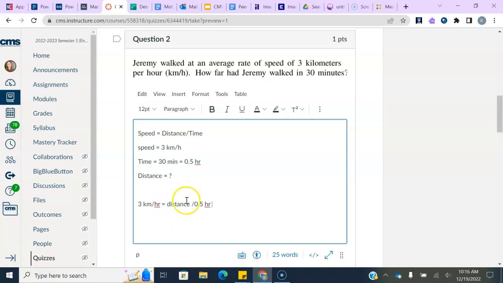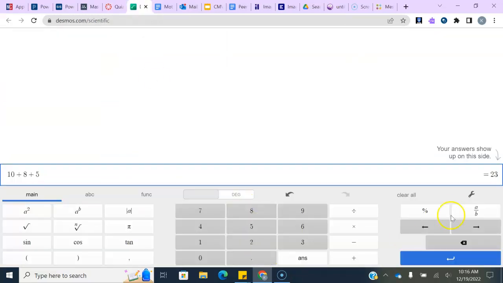Because the distance is on top and the half hour is on the bottom, in order to get our distance, we're going to have to multiply 3 kilometers an hour times half an hour. Of course, this is going to be in kilometers because that's the unit we're working with.